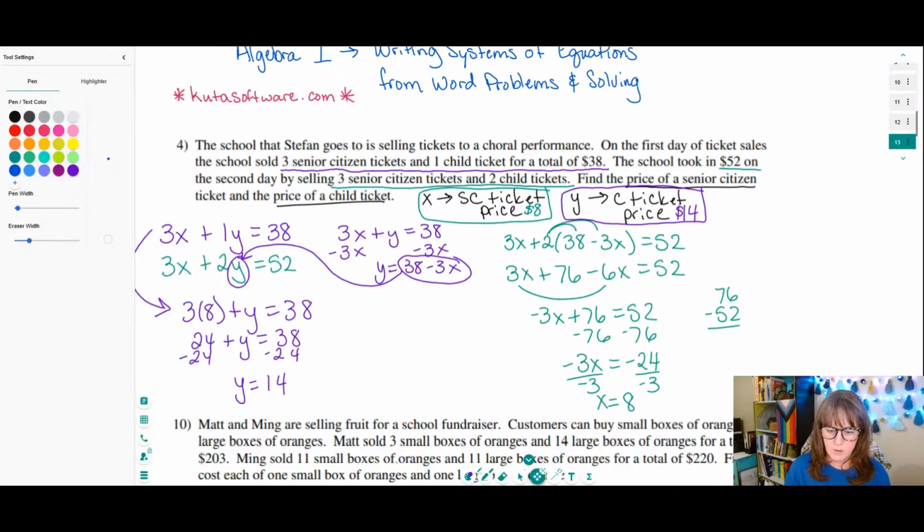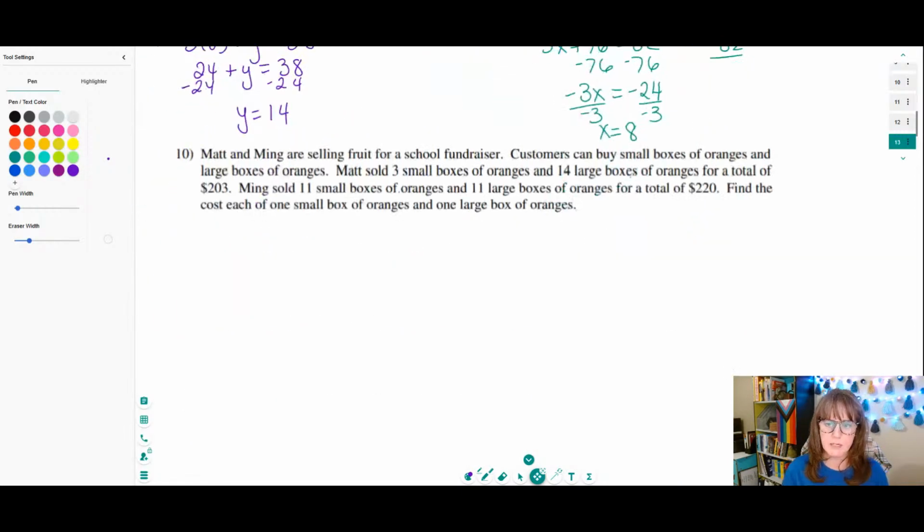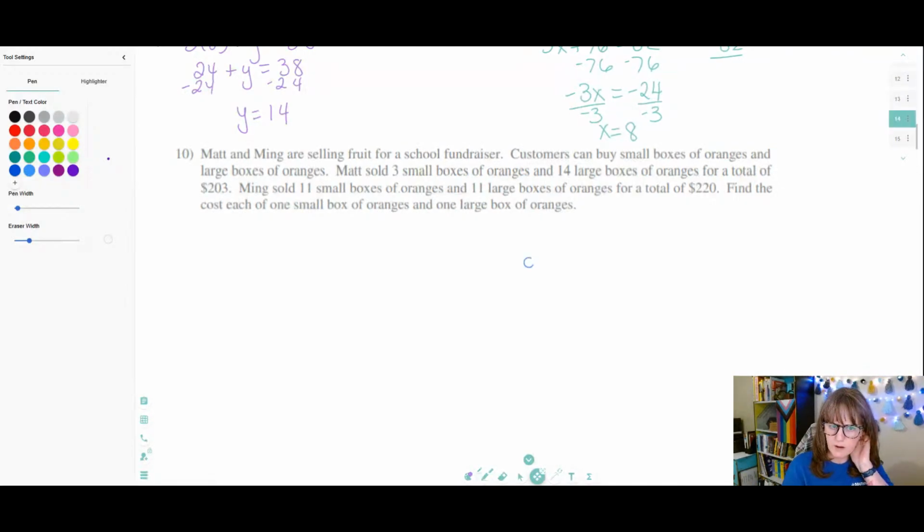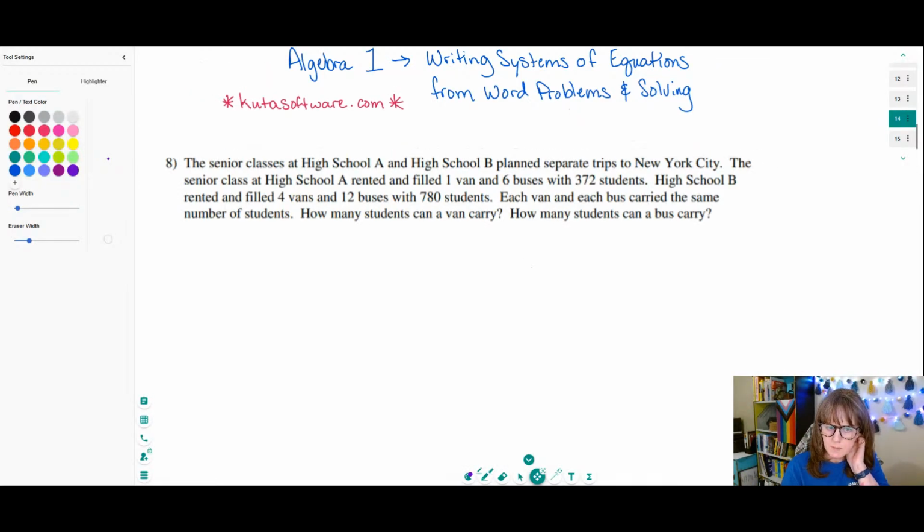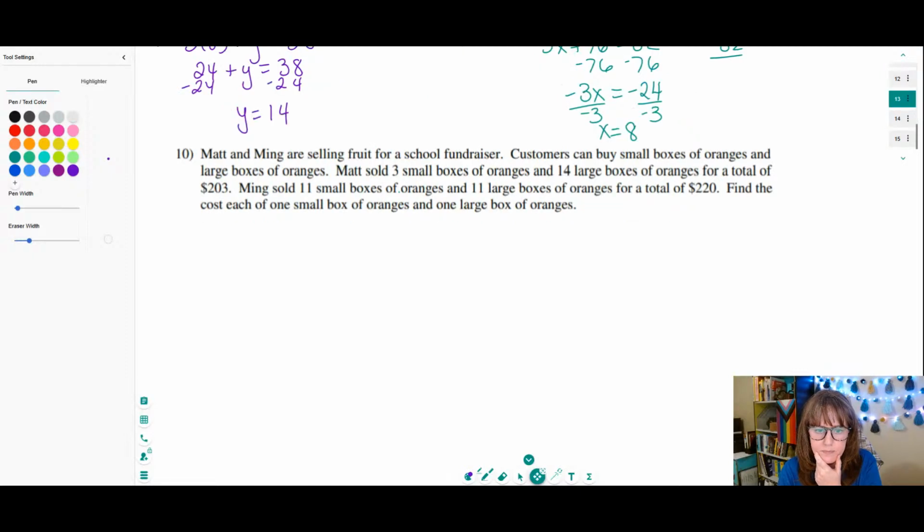All right, let's go on to this next problem. Check and see what else I have prepped for us. I think I have one page. So I don't think we have time to do both of these, so we're gonna pick one right now. This one is very similar to the one that we just did.